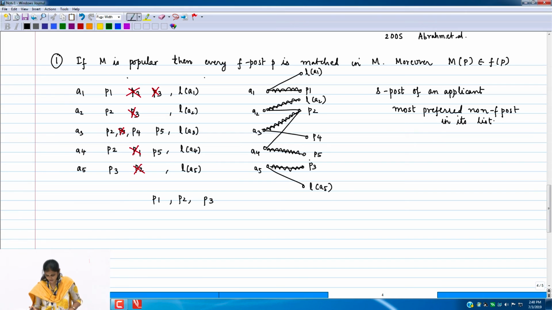P3. So very nicely, what you have chosen is that whenever there was a choice between a true post and a last resort, you very nicely chose the true post. Did you do this consciously or did it just happen?